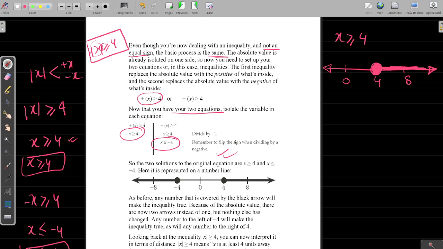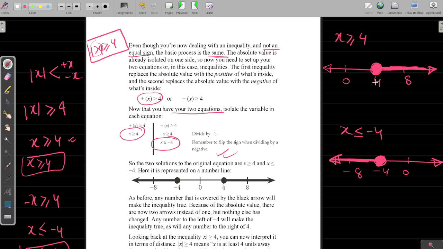So our answer will be this one. As well as x less than or equal to minus 4. Suppose here you are finding 0, this one is minus 4, this one is minus 8. What you will find here is minus 4 with the equal sign, that's why you need to fill it out, and less than minus 4 means this side.